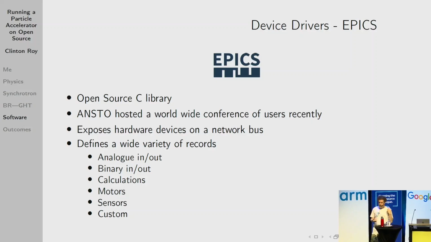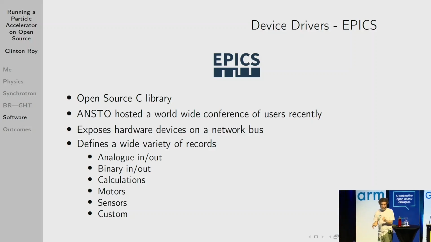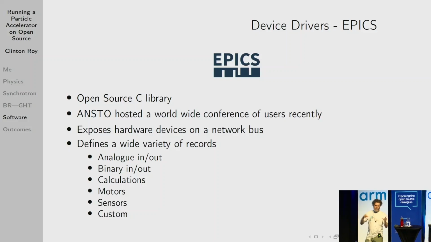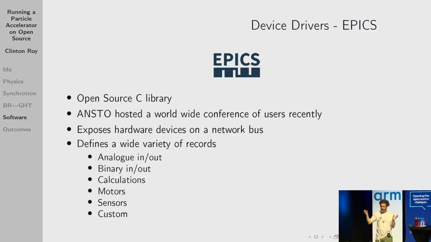So EPICS is open source. It's got quite a lot of history to it. There's lots of different versions. Some of those versions are incompatible. We use a fairly small, select set of features that is compatible with a lot of versions. There's a lot of different records. Essentially every device gets described as a record, so you can think of it like a C struct.